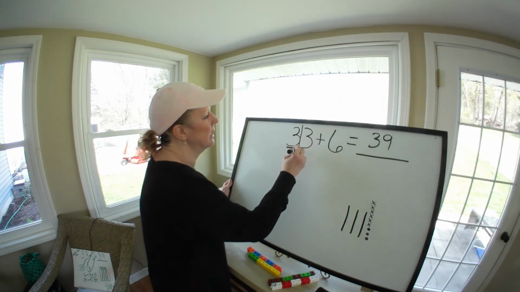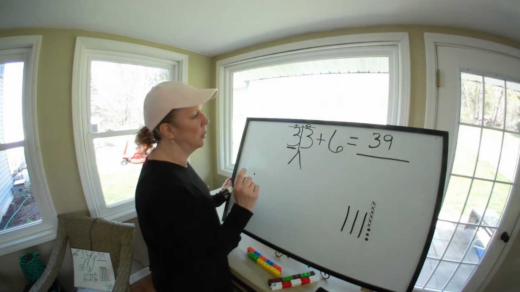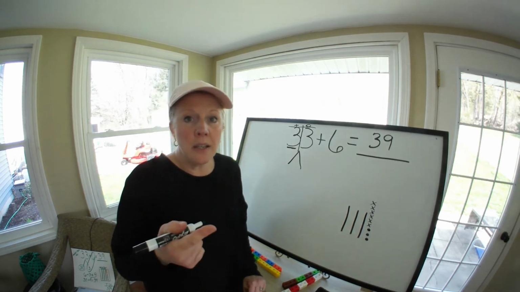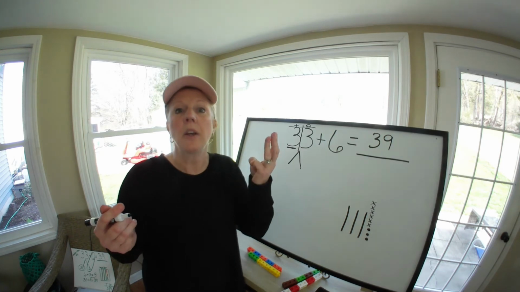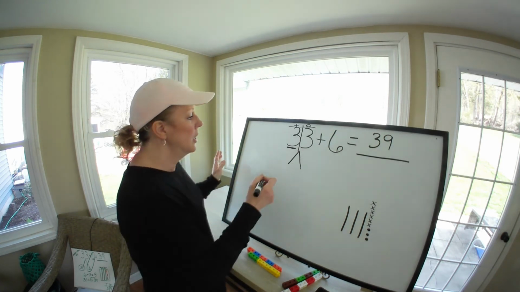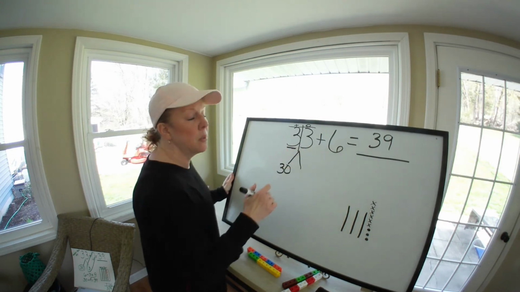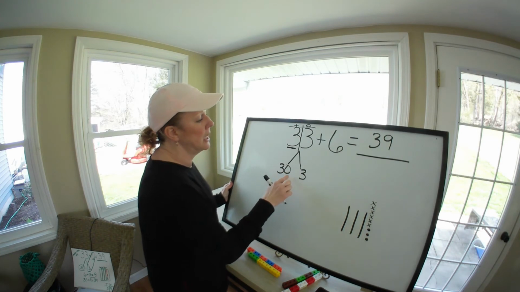If I just drew a little tens and ones frame right above it, just so you can see that, okay? These are my tens. Now, the tens aren't just three. It's 3 tens, so it's 10, 20, 30, okay? So I know my tens are 30, and my 3 ones are just that. There's 3. So I have 30 and 3.